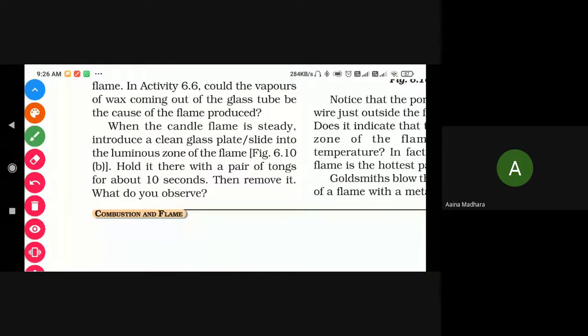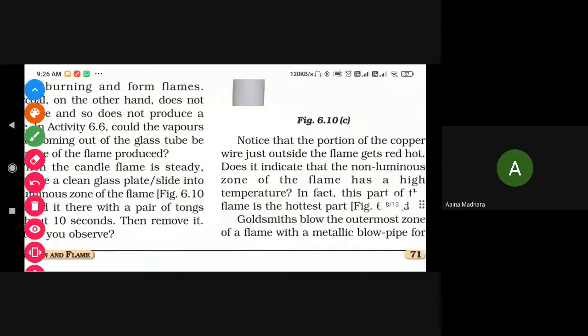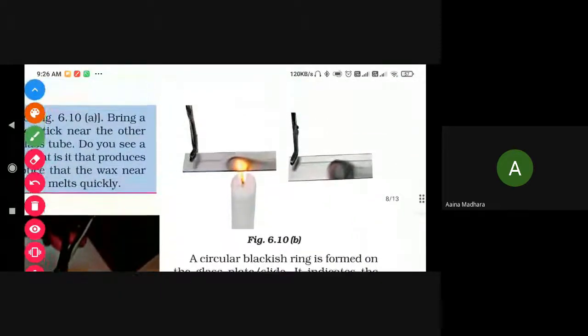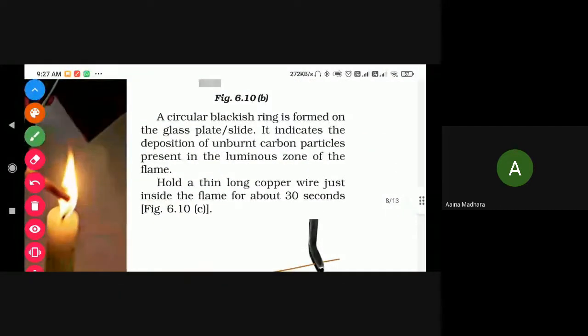What do you observe? Note that a circular blackish ring is formed on the glass plate. It indicates the deposition of unburnt carbon particles present in the luminous zone of the flame.